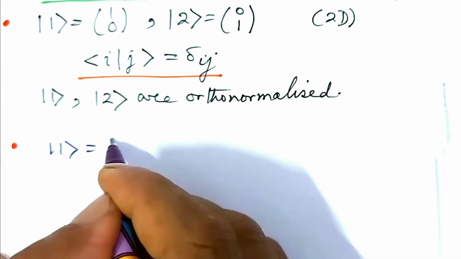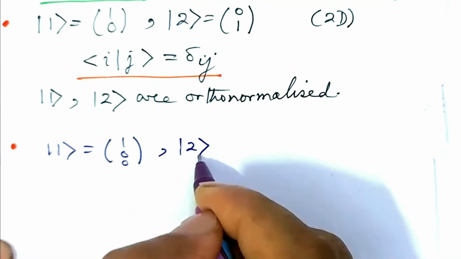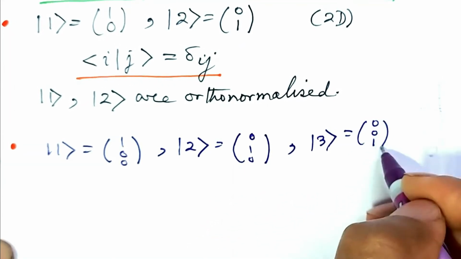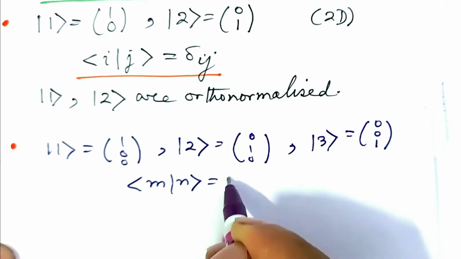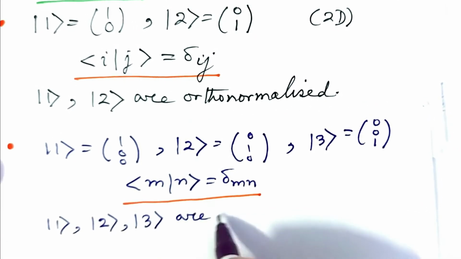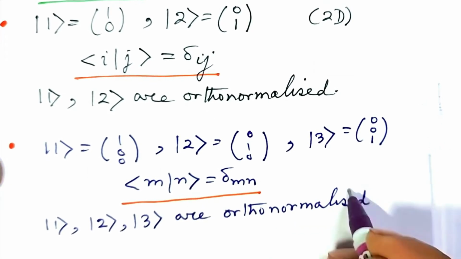If ket 1 is 1 0 0, ket 2 is 0 1 0 and ket 3 is 0 0 1, then bra m ket n is Kronecker delta mn and ket 1, ket 2 and ket 3 are orthonormalized.